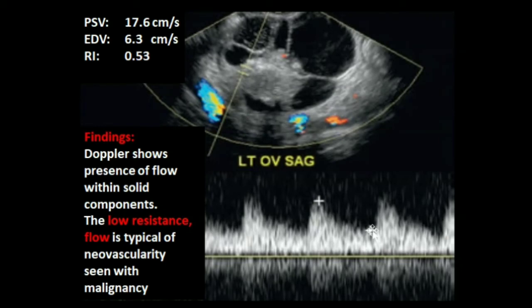The resistivity index is calculated, and that was 0.53. So the pattern of the flow is low resistance. This low resistance flow is typical for the new vascularity of malignant lesions.